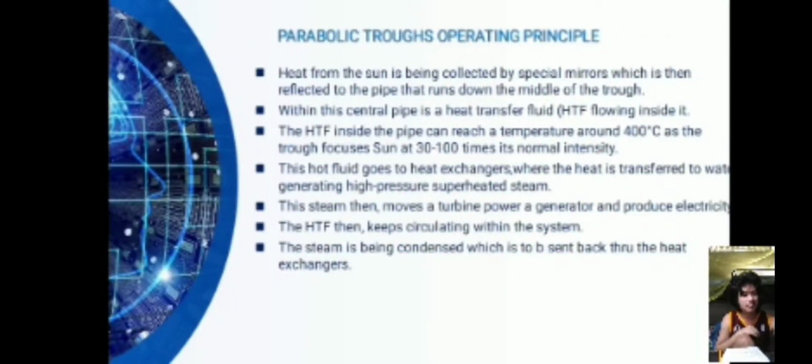Parabolic trough operating principle. Heat from the sun is being collected by special mirrors, which is then reflected to the pipe that runs down the middle of the trough. So, then reflect it to the pipe na merong HTF sa gitna.